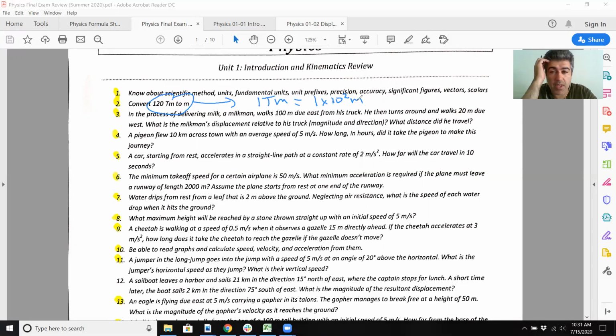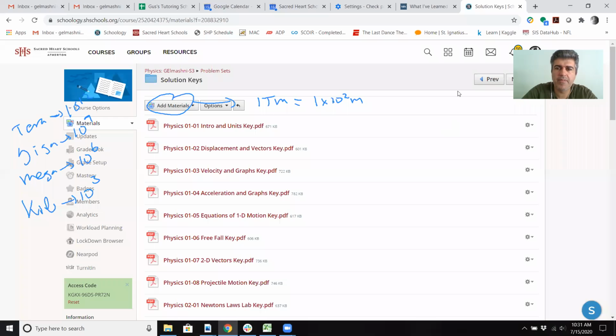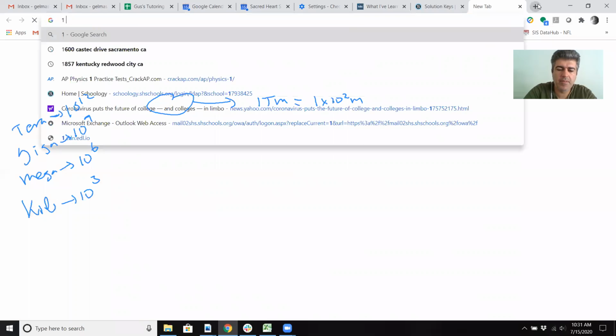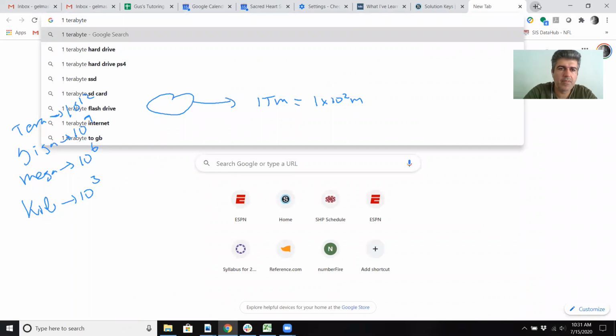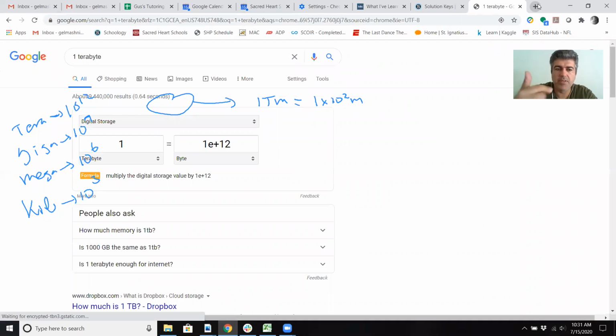So remember, kilo is 10 to the 3, mega is 10 to the 6, giga is 10 to the 9, and tera, actually I should double check that. I'm pretty sure it's 10 to the 12th. Yeah, 10 to the 12th.